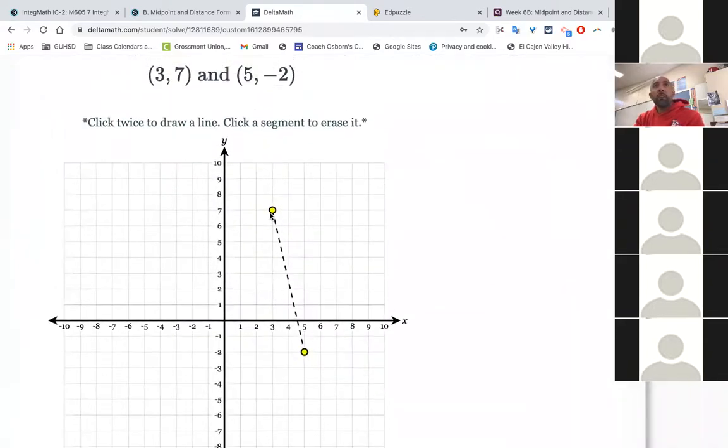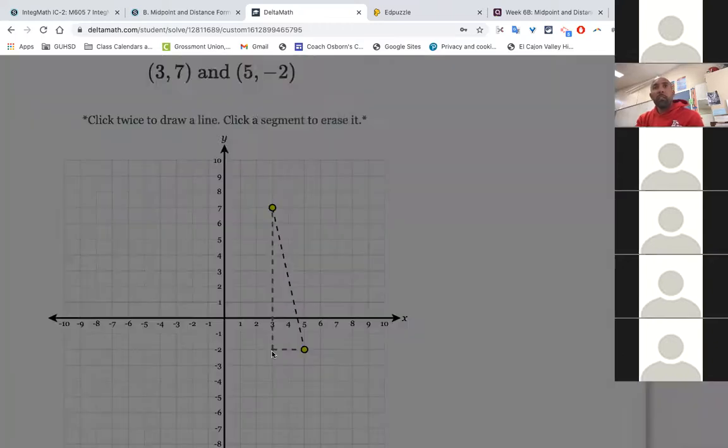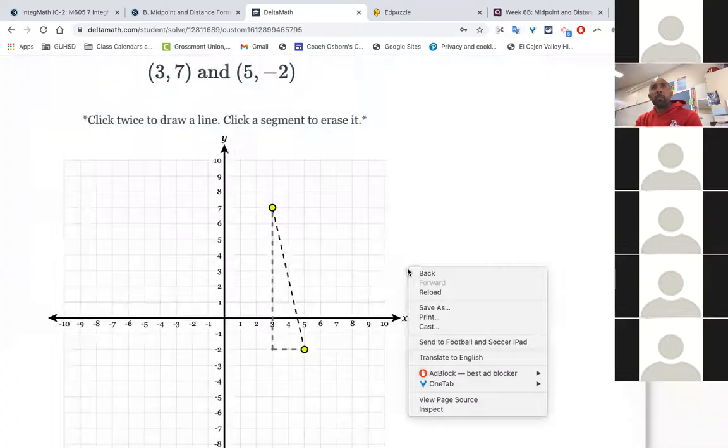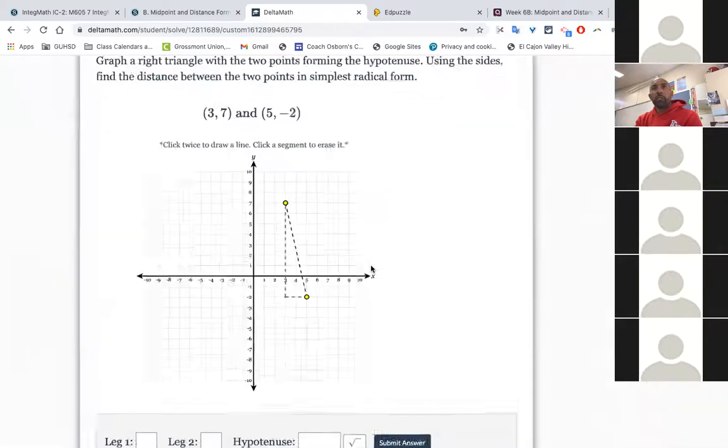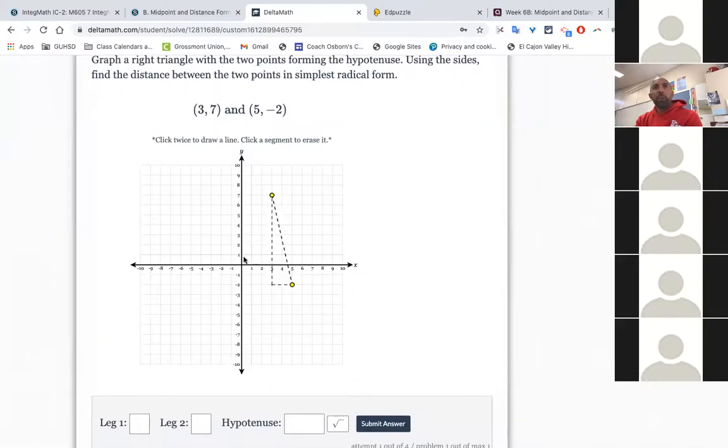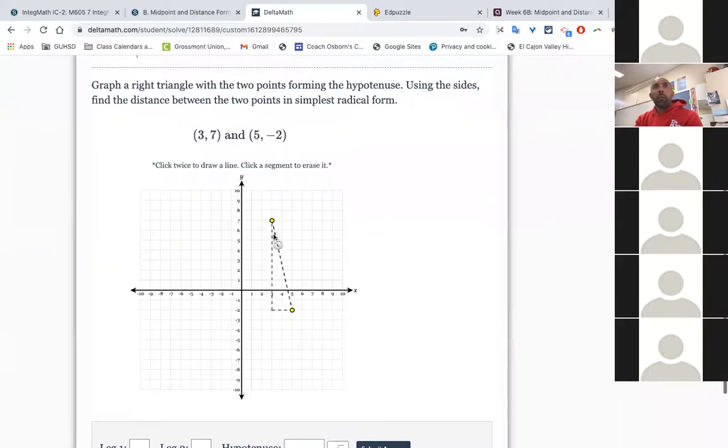So here, I want to create a right triangle, and I can do this 2 ways. I can go straight here and down. That's one side or one leg, and then here to here. Oops, I clicked on something extra. Okay. So that's one way. All right.